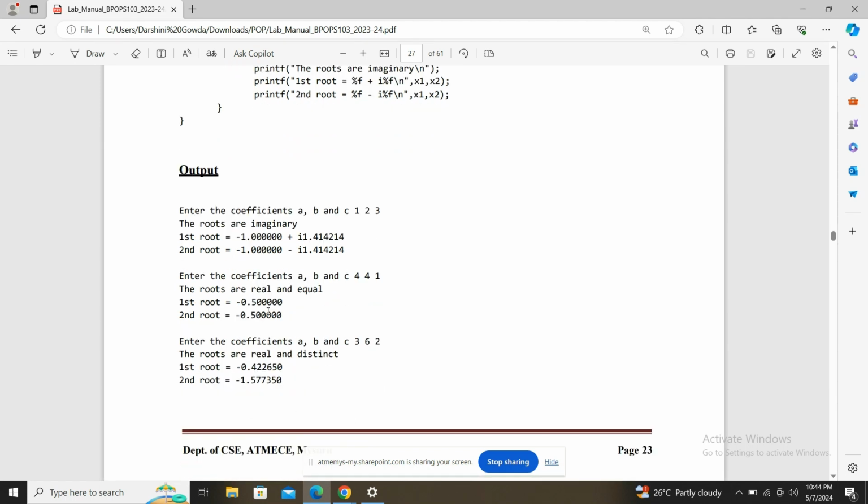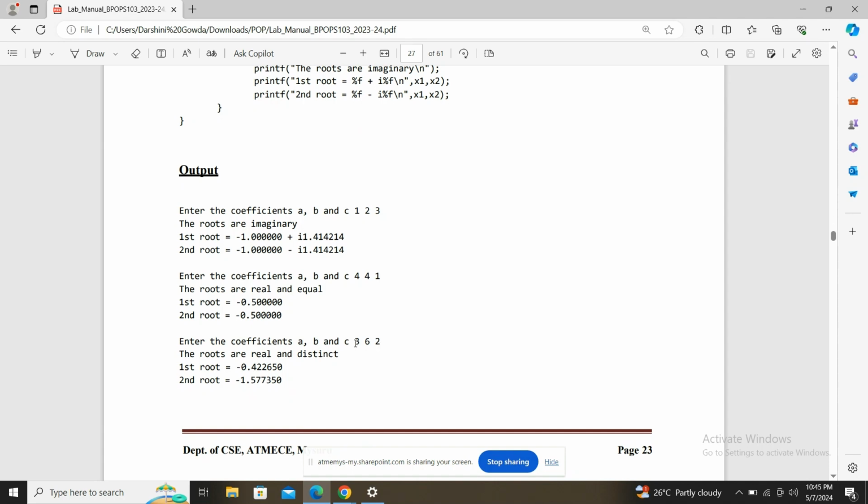So now let us check the last output. The last coefficient values of a, b and c would be 3, 6 and 2. When we enter 3, 6, 2 and compute these values with the help of the standard discriminant formula, that is b square minus 4ac, the b value would be 6, the a value would be 3 and the c value would be 2.